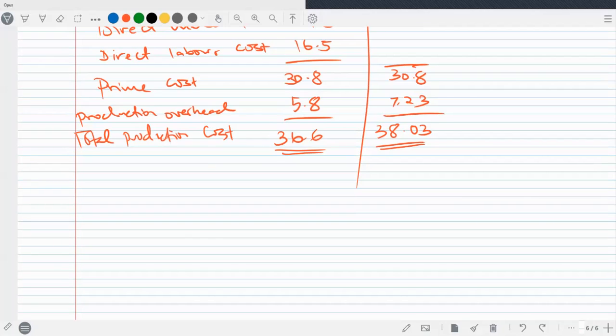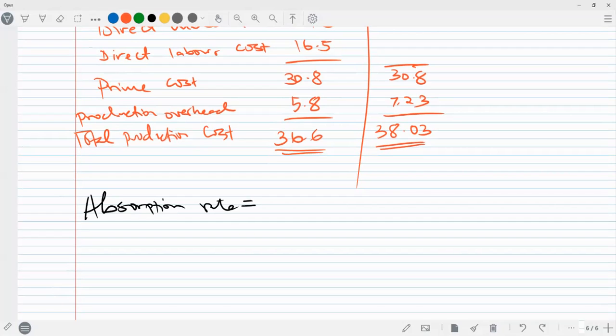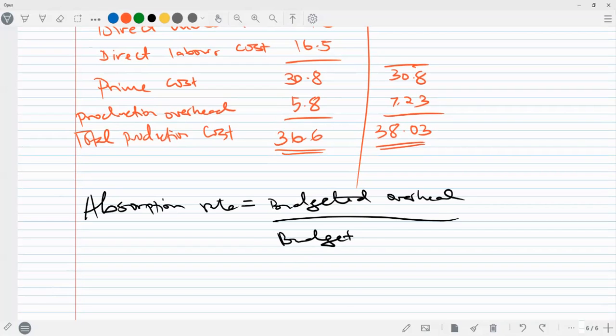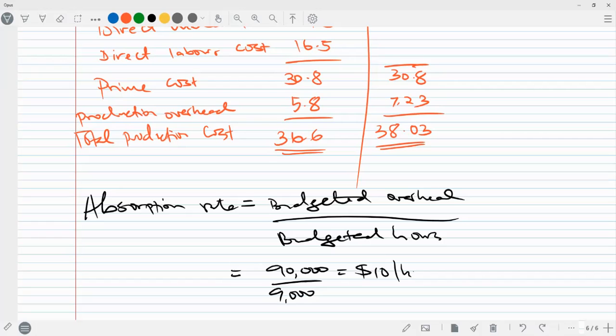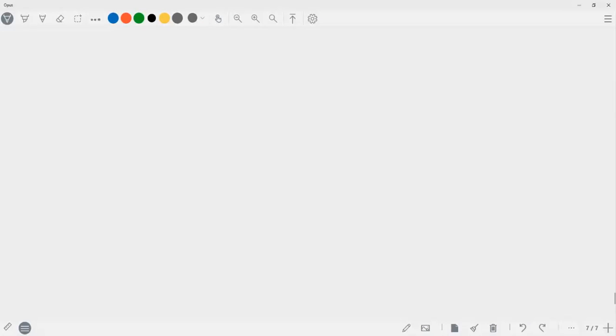The absorption rate is equal to the budgeted overhead divided by the budgeted activity level, in this case the budgeted hours. That is 90,000 divided by 9,000, giving us a rate of $10 per hour. That's the rate that was used.